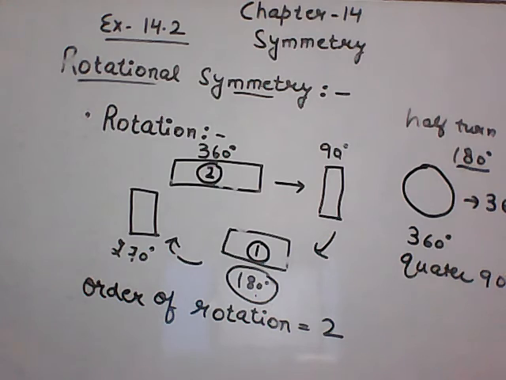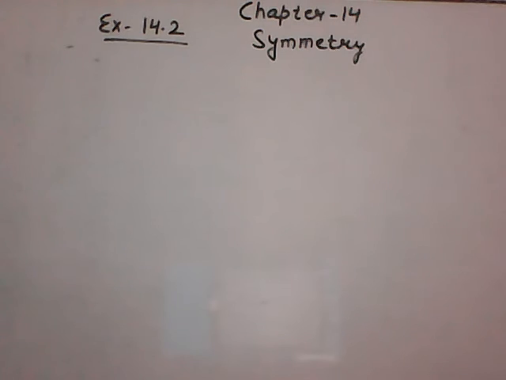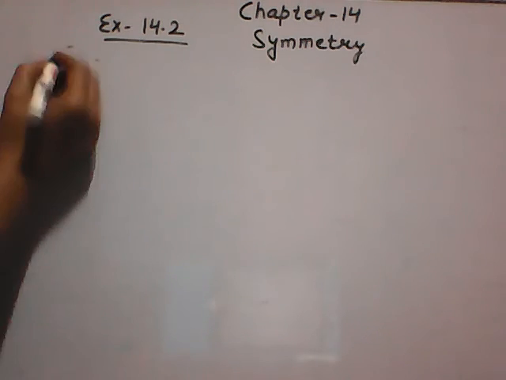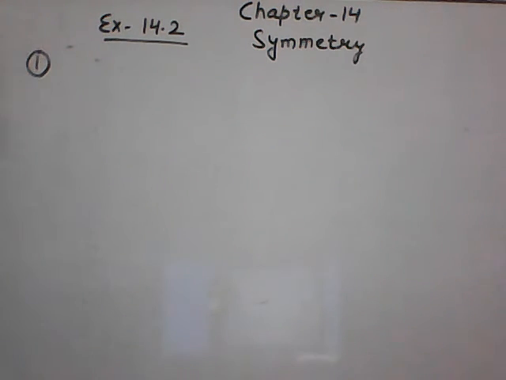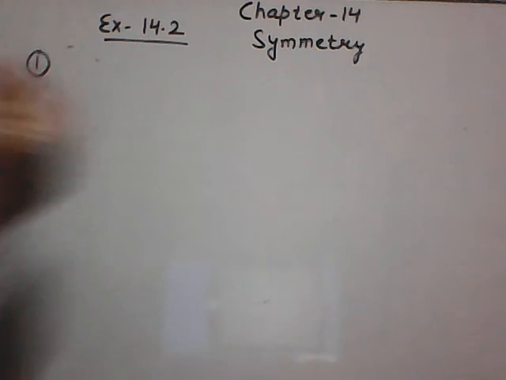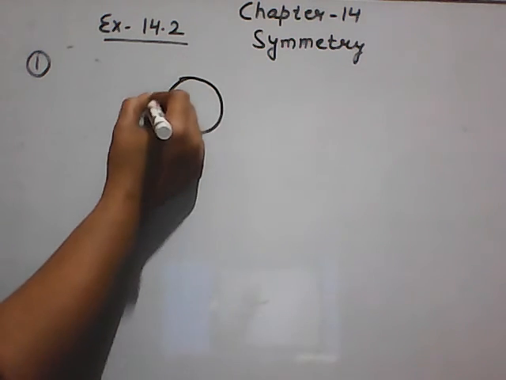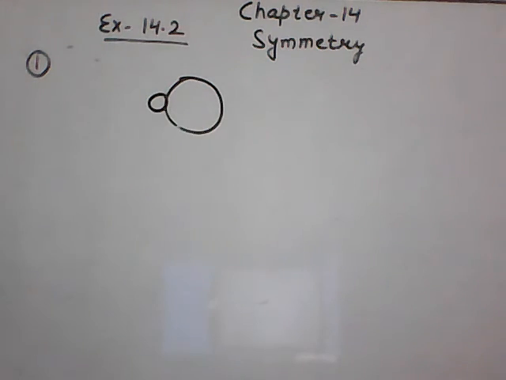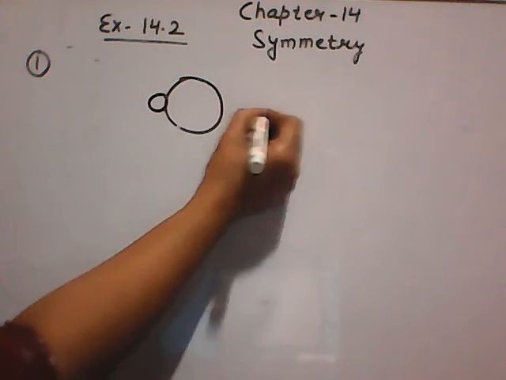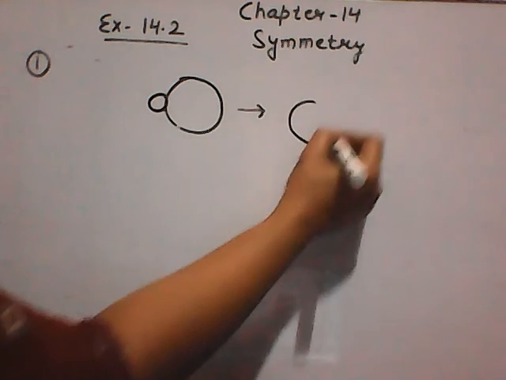Now, let's discuss some figures. In question number 1 of exercise 14.2, you have to find out the order of rotational symmetry for the figure. This figure is given to you. If we rotate this figure through 90 degrees, the figure will be just like that.